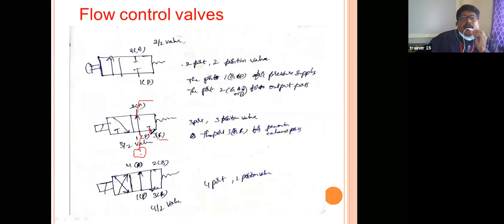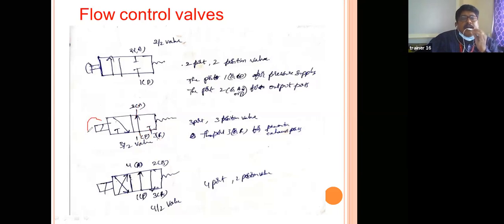That means it connects to the reservoir, or we can vent to the atmosphere. Either you can vent to the atmosphere, or reservoir means again recycle. That means what I said about the pneumatic supply: the power supply is the air receiver, then again it goes to the storage tank. That is the reservoir. So now you have a clear idea.